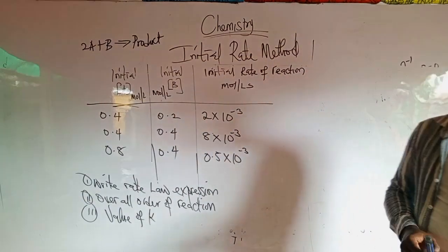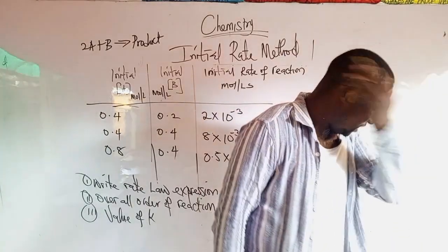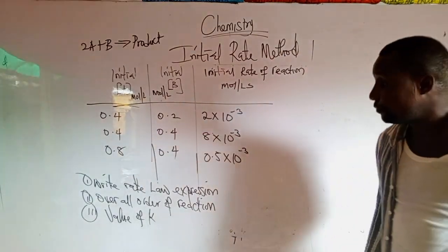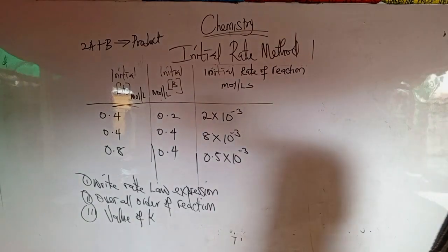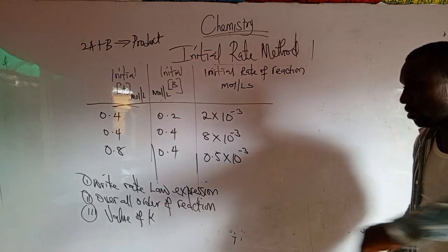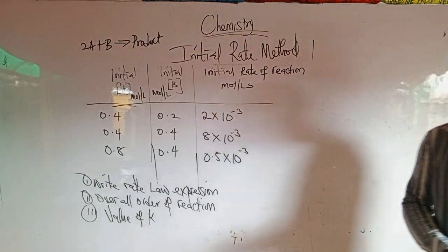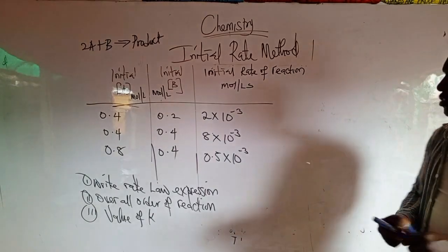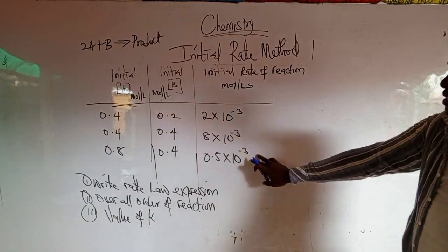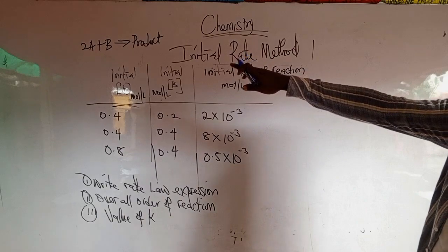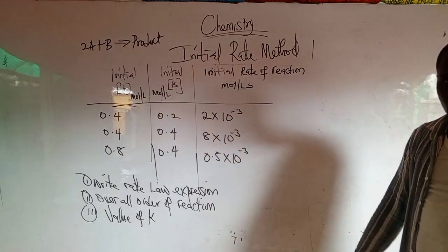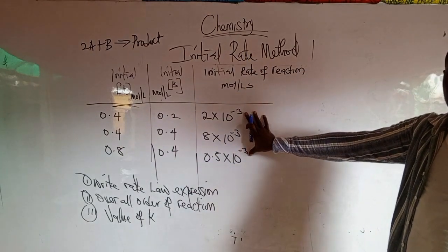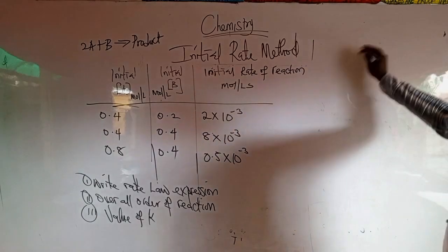The question says write the rate law expression, the overall order of the reaction, and the value of K. We have this data. Let us try.